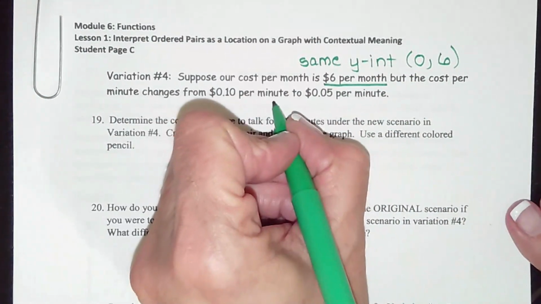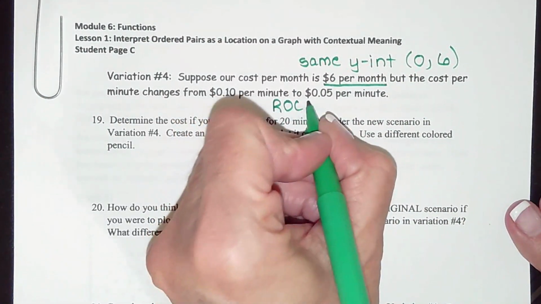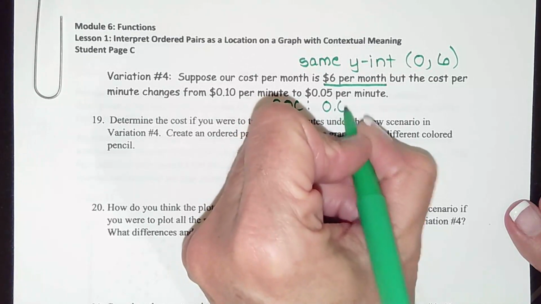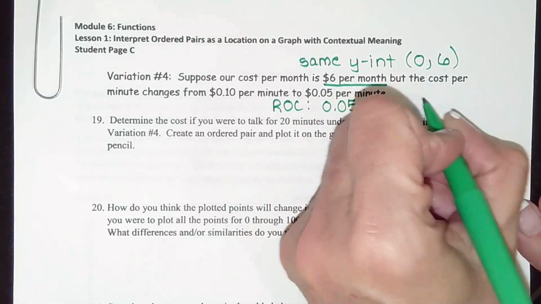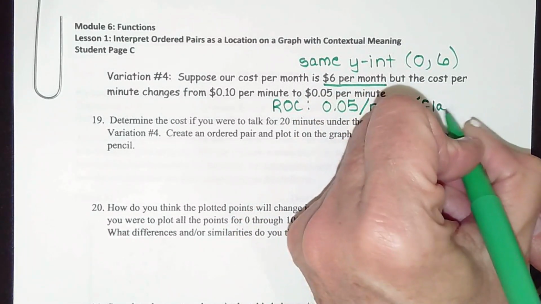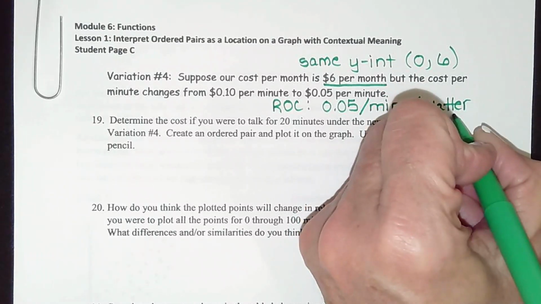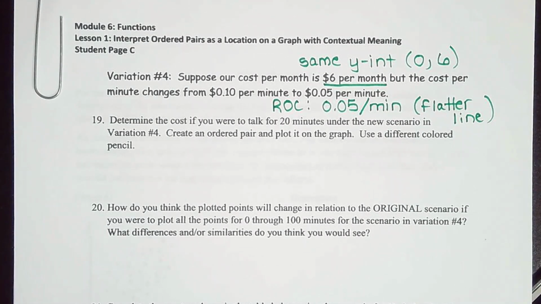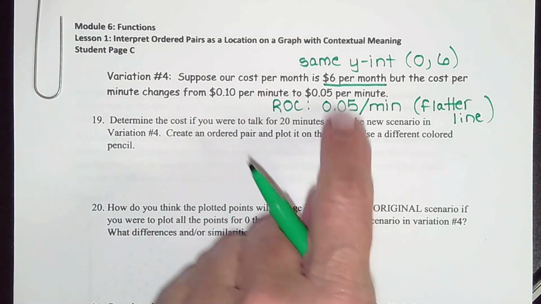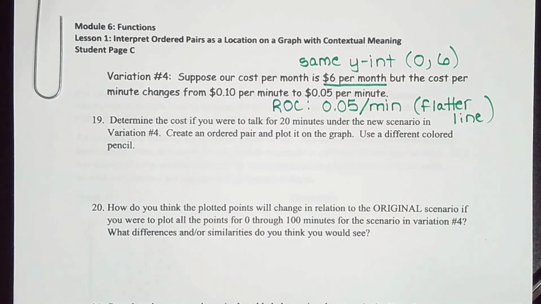And then the rate of change is 5 cents per minute, which means flatter line, which is another way of saying less steep. So a flatter line. Smaller rate of change, same y-intercept because the per month charge is the same.